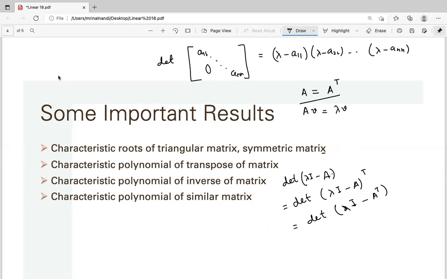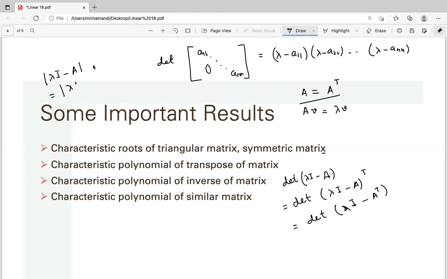If A inverse exists, then the characteristic polynomials are not the same, but the roots are the same.